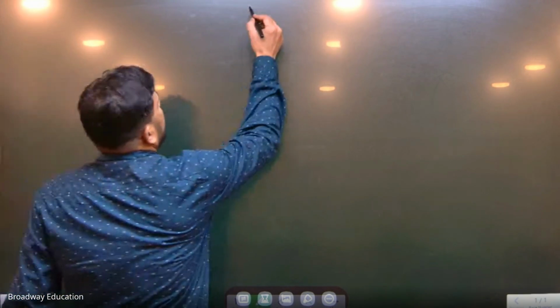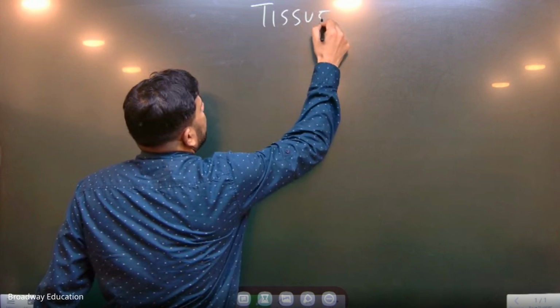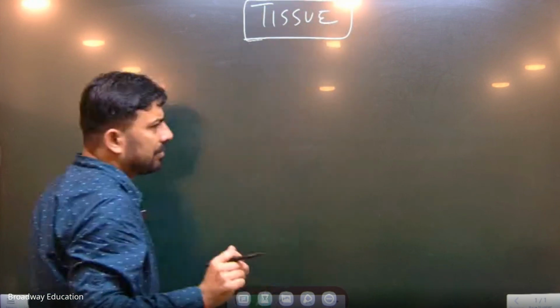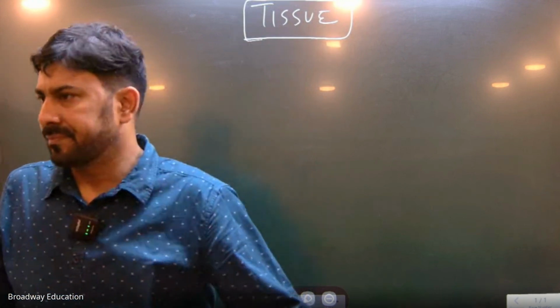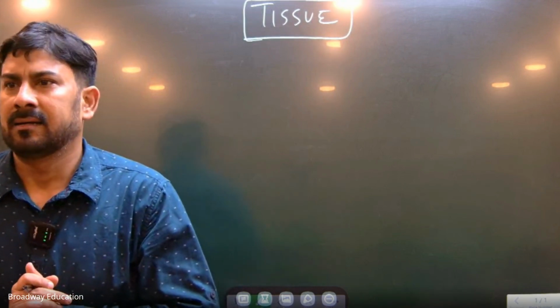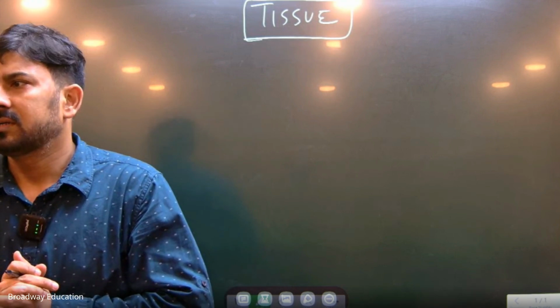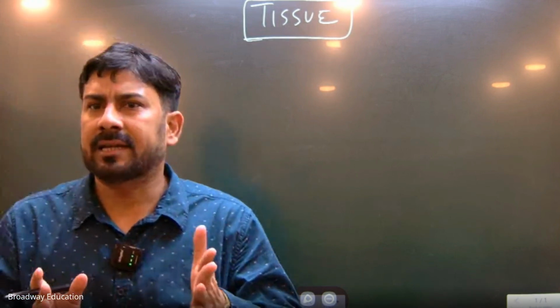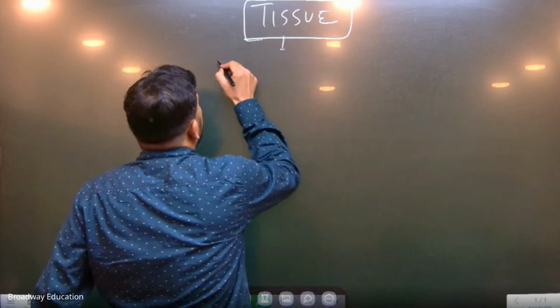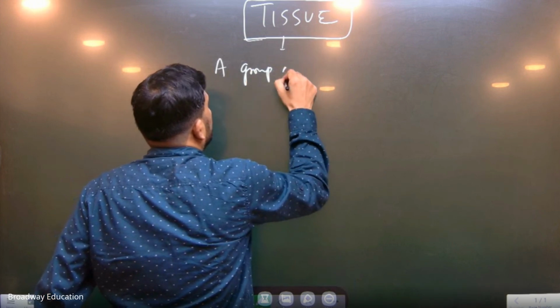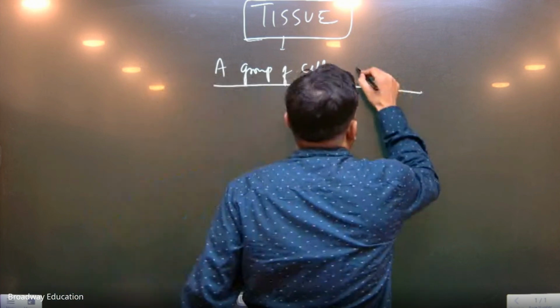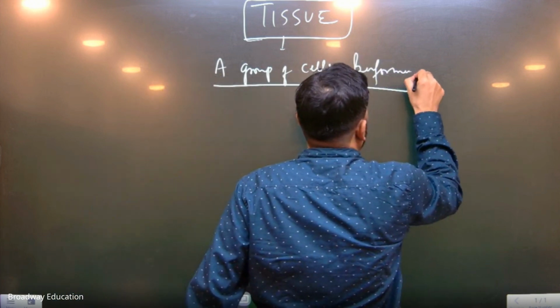So in yesterday's lecture, we discussed the chapter tissue. What is a tissue? A group of cells performing functions. The function can be similar or different. A group of cells are performing different functions together or similar functions together. Understood? Yes or no? So a group of cells performing similar functions.